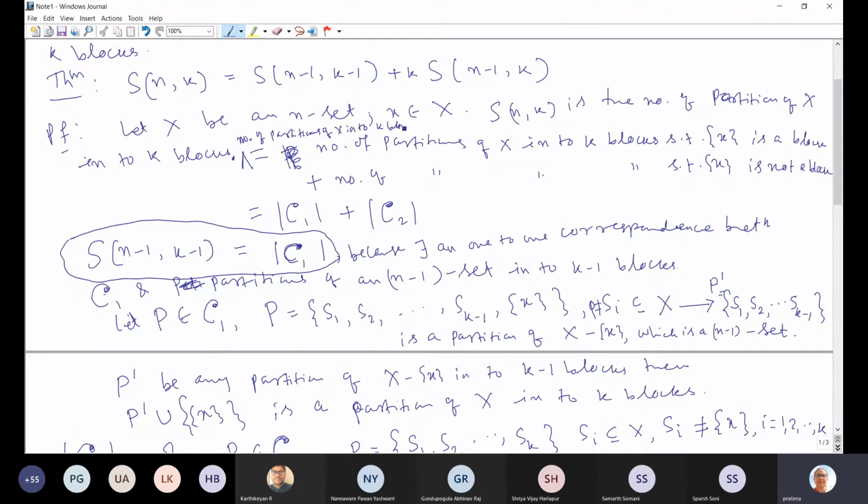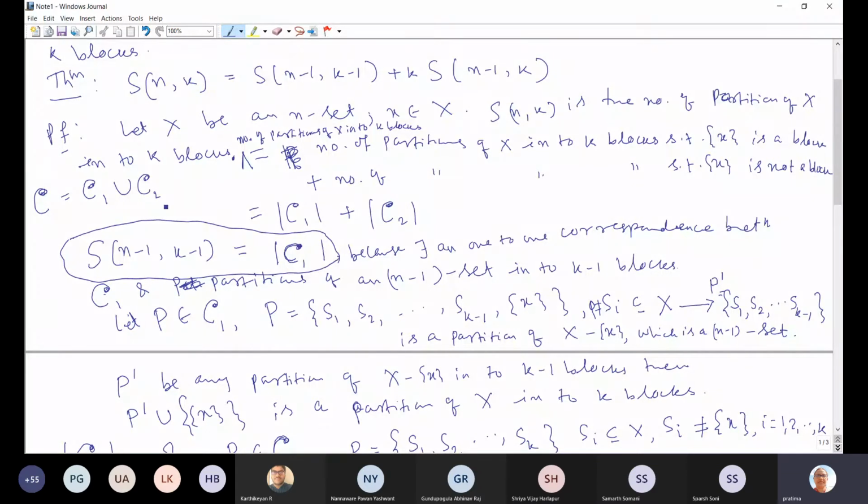Or in other words, this collection C is the collection of all partitions of X into K blocks, that we are writing as C1 union C2. That will be true for any arbitrary element you select. We are just fixing an element, and this union is always true.